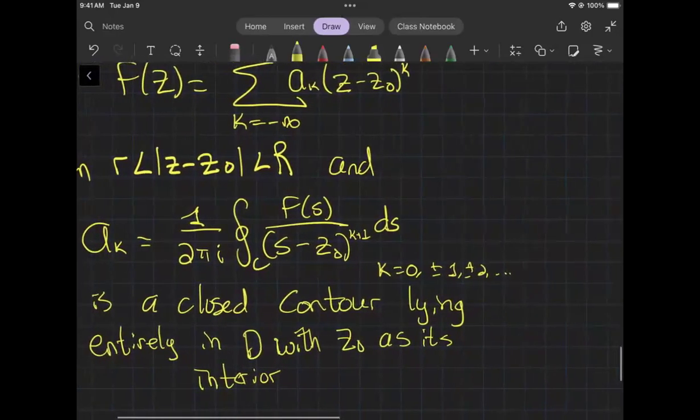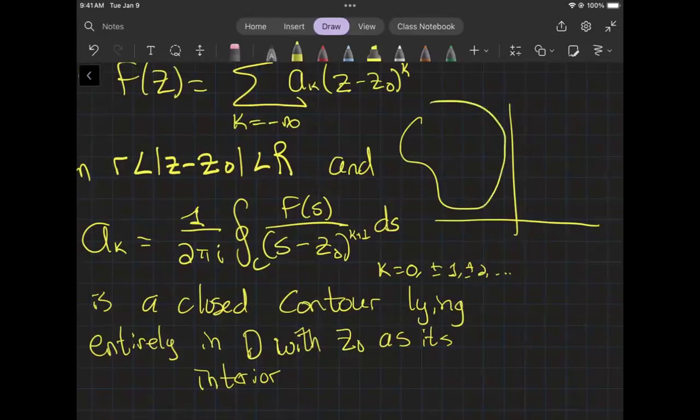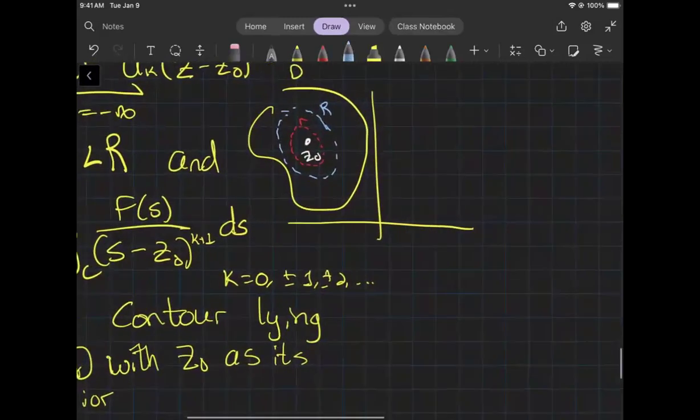So basically the illustration here is, if I have some domain D and z naught, and this is the bigger radius and the smaller radius is here, we can formulate a Laurent series along this annular domain.